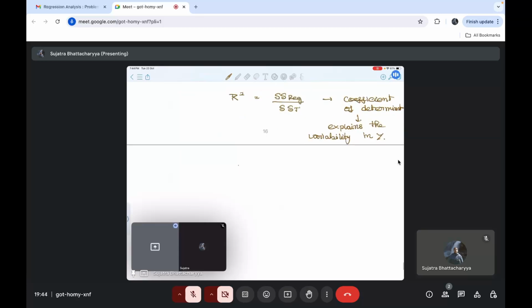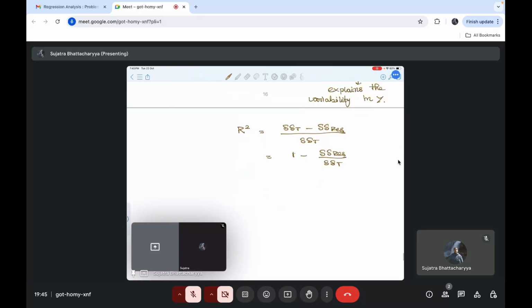Now, if I write this R square, I know that SS regression is nothing but SS total minus SS residual, divided by SS total. Yeah. So it will be 1 minus SS residual divided by SS total. Correct? This we can write.